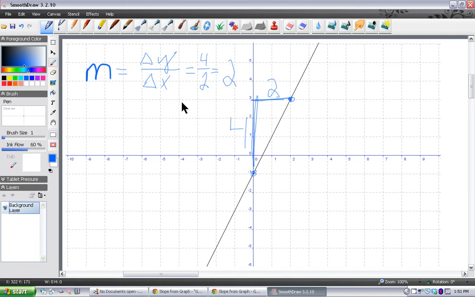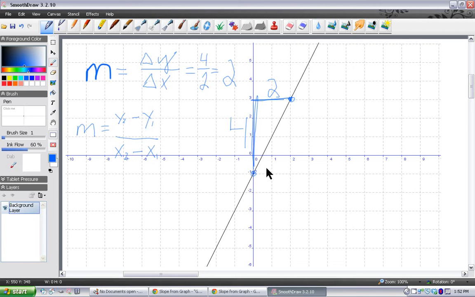Now if we wanted to use our formula for slope, y2 minus y1 over x2 minus x1, we could do that. y sub 2 minus y sub 1 over x sub 2 minus x sub 1.